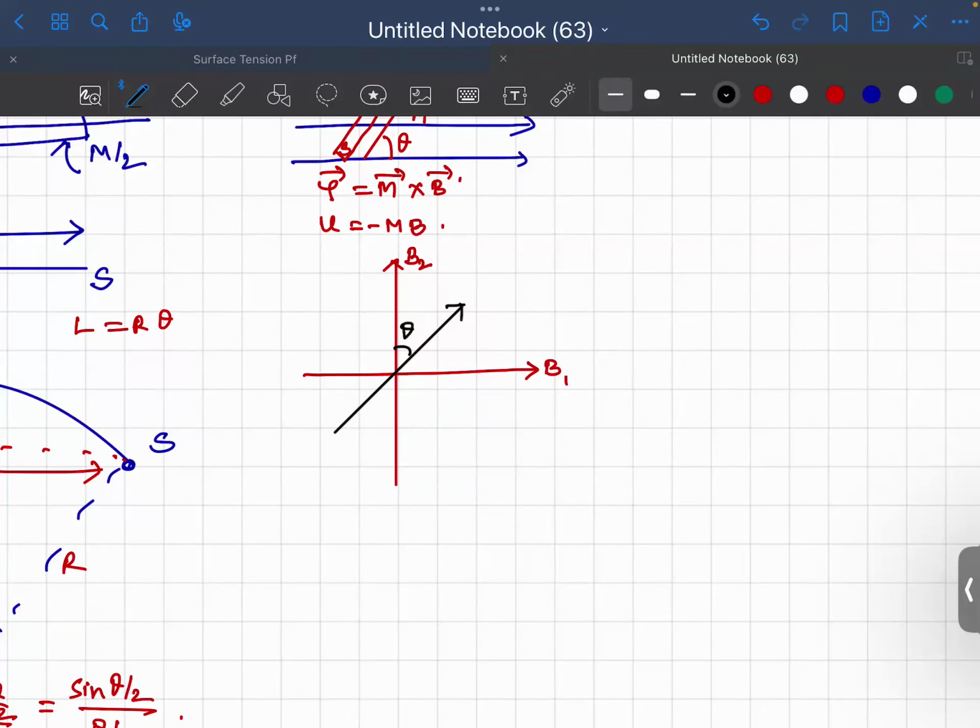Between 29 degrees and 31 degrees, it will oscillate about a vertical axis. Here, the net torque is 0. So therefore, B1 M B sin 90 minus theta torque is equal to B2 M sin theta. So therefore, M cancels, and B1 becomes B2 tan theta.